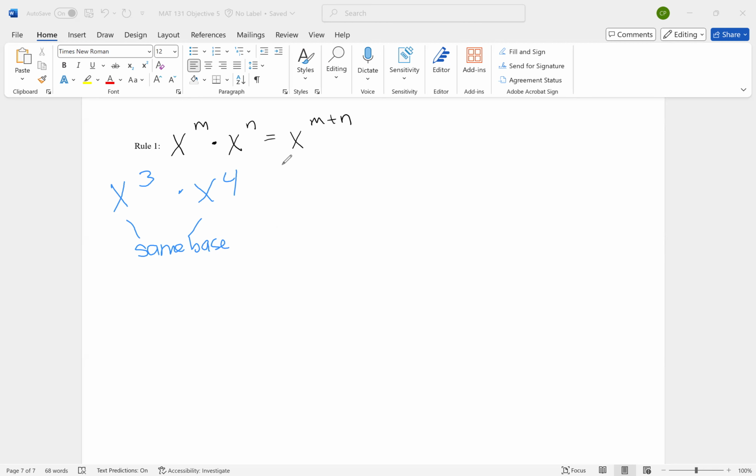So that means that we can just add those exponents. All right? So that is what this rule means, okay?